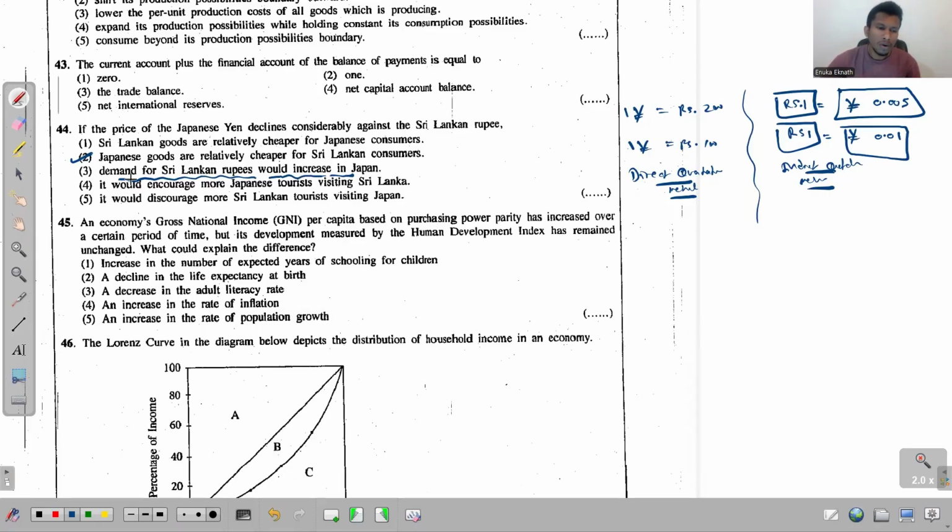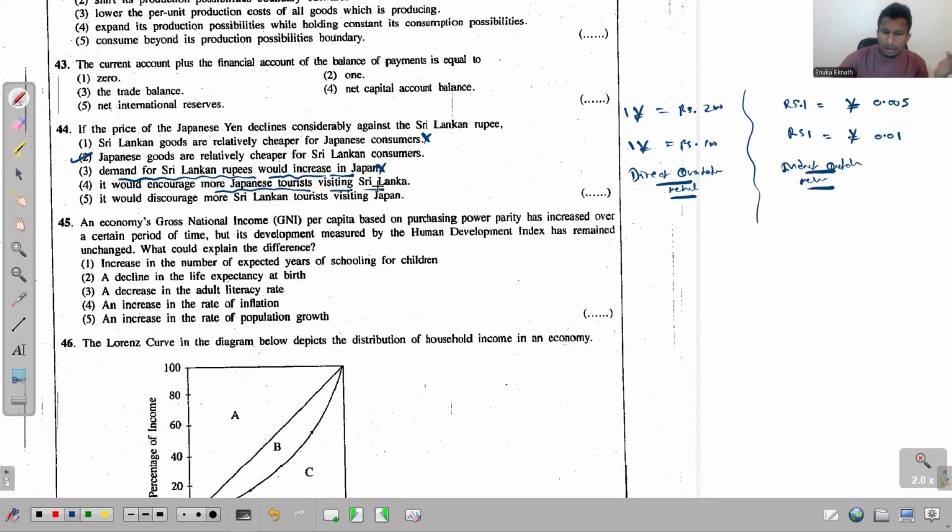So they are not going to demand Sri Lankan rupees in this situation. After appreciation happens, they are not going to demand Sri Lankan rupees much. So this is wrong. Even the first one is wrong. The fourth one, it would encourage more Japanese tourists to visit Sri Lanka.